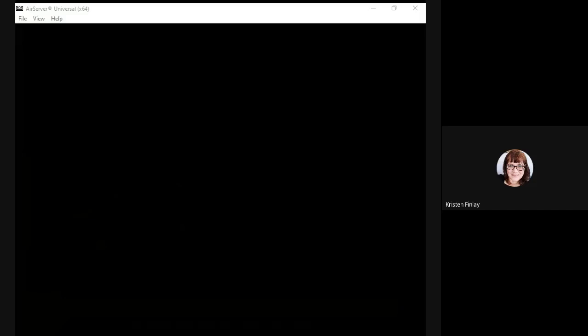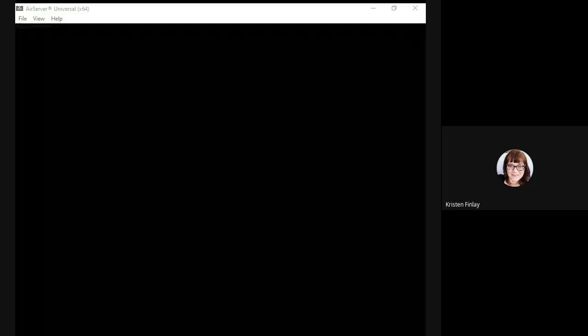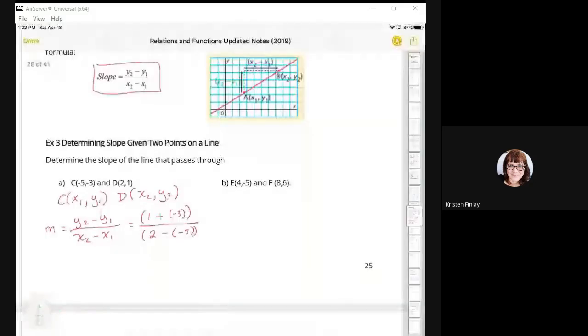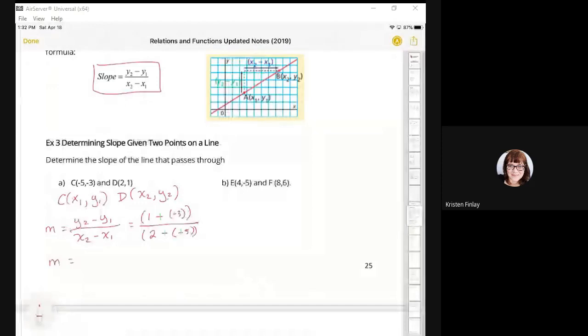Now, remember your integer skills. Minus a negative becomes plus a positive. Makes that a lot easier. So our slope would be 1 plus 3, which is 4, over 2 plus 5, which is 7. So instead of sketching that line and doing the counting, you can use this formula to figure out the slope of that line if you're given 2 points.